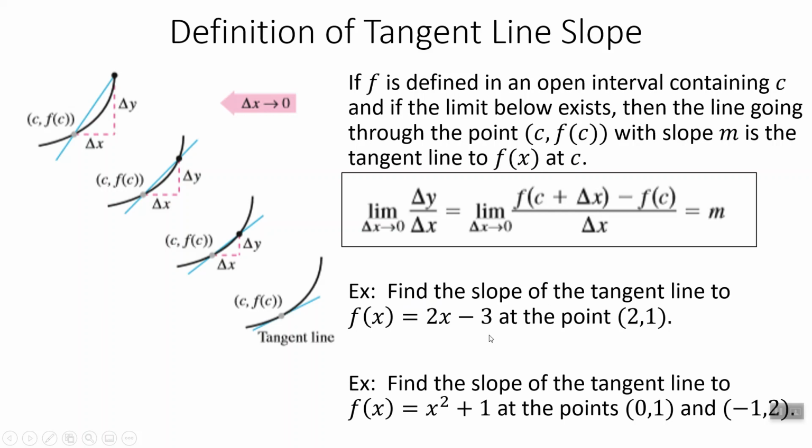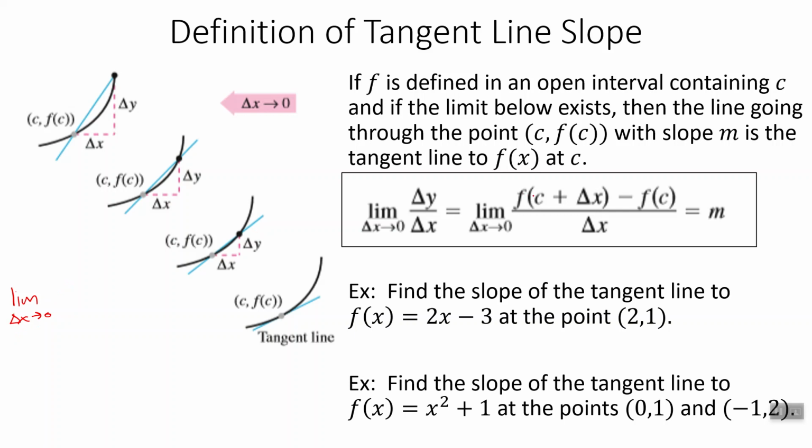Find the slope of the tangent line to the graph of f(x) = 2x minus 3 at the point (2, 1). We're going to use this limit definition to find the slope. The limit definition says it's the limit as delta x goes to 0. If you don't like the symbol delta x, you can always just change it to the letter h. That works too.